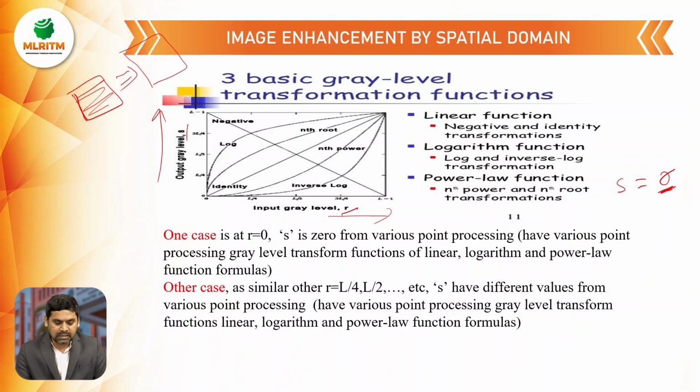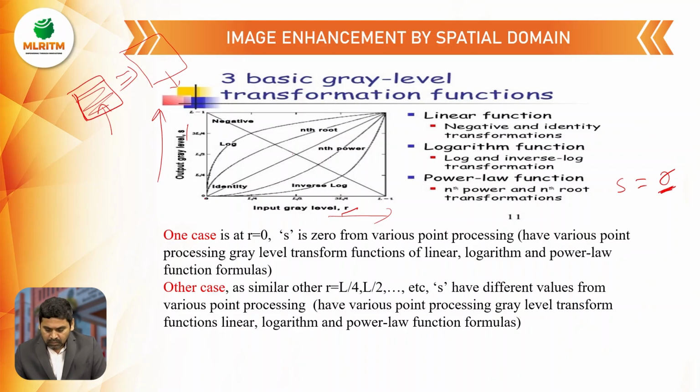In the positive sense we have a black image, in the negative sense a white image, so quite opposite. The linear function has two subtypes, negative transformation and identity transformation. The identity transformation is nothing but the positive way, and the negative transformation is the negative way. When the negative function is applied to a pure black input image, we get a white image.